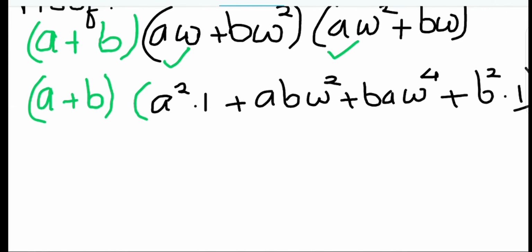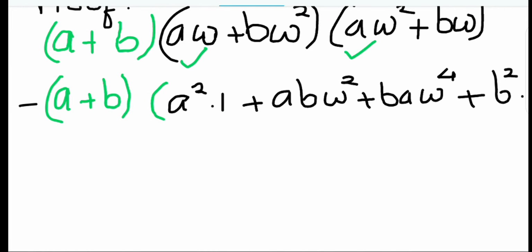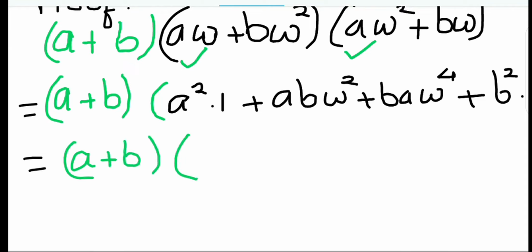Now, since omega cube equal to 1, we can further simplify this expression. First of all, a plus b, let's copy it as it is, and a square, we can write it as a square only. Ab and ba, we can take ab common. Let's write everything again. We use a curly bracket here.